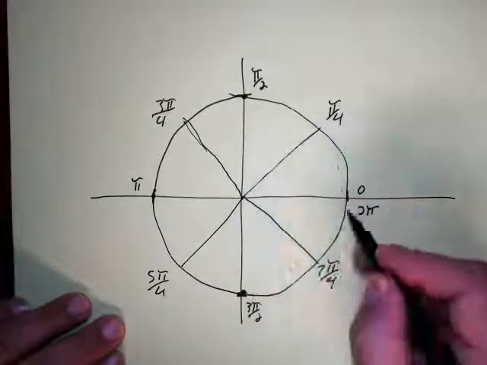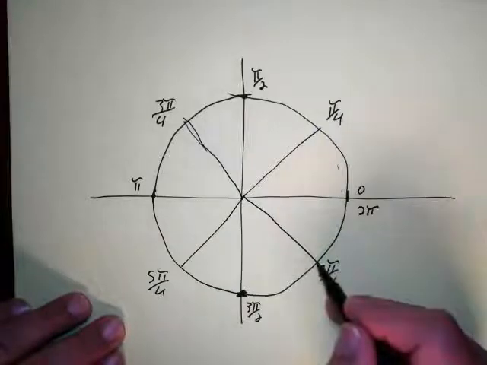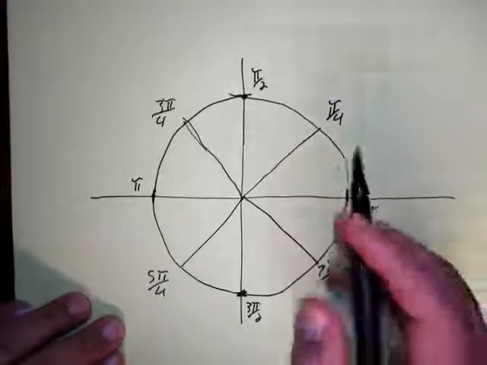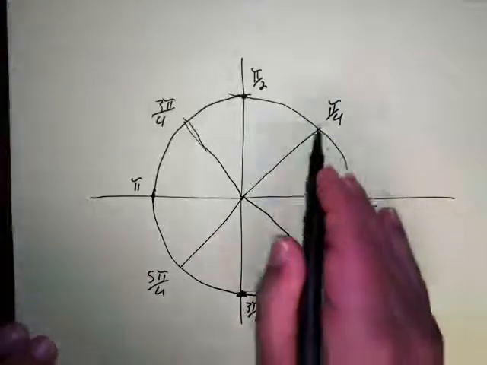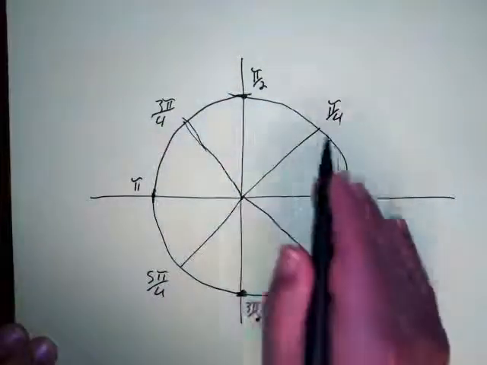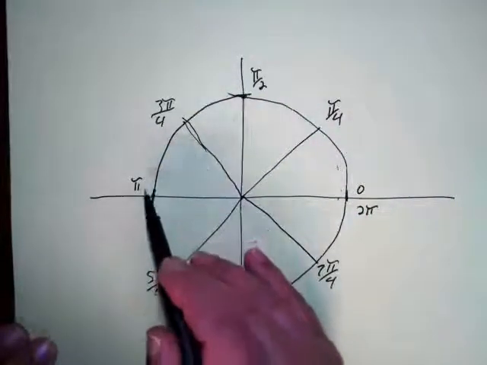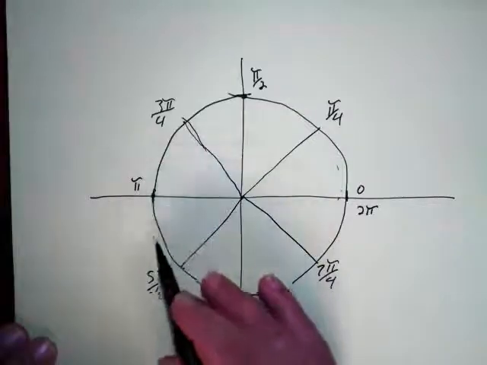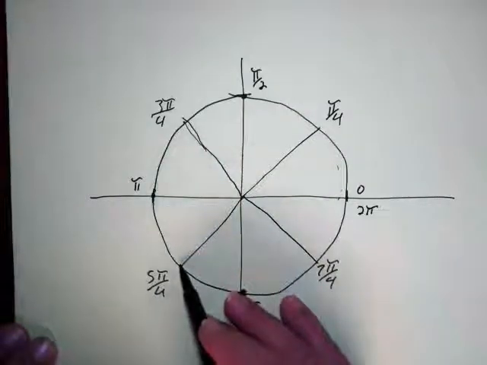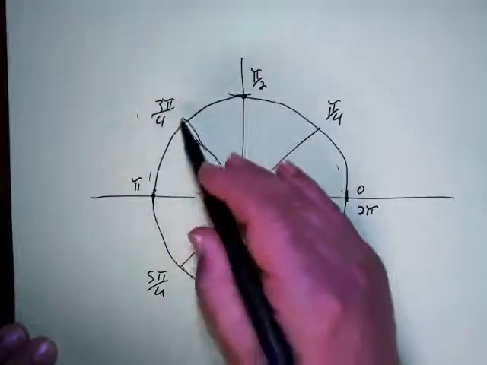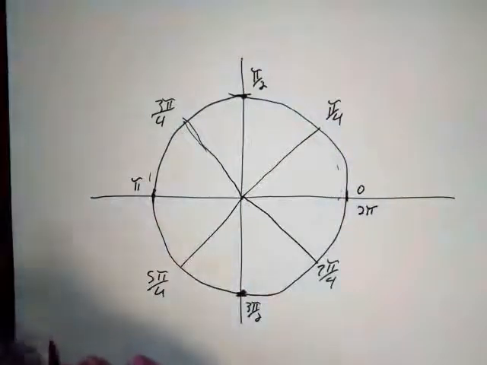So this must be 7 pi over 4. Or another way of thinking about this is if I go halfway around the circle, I know there's 4 pi over 4. So what's this one going to be? It's 1 more than 4, 5 pi over 4. Or what's this one going to be? I back up, 3 pi over 4.